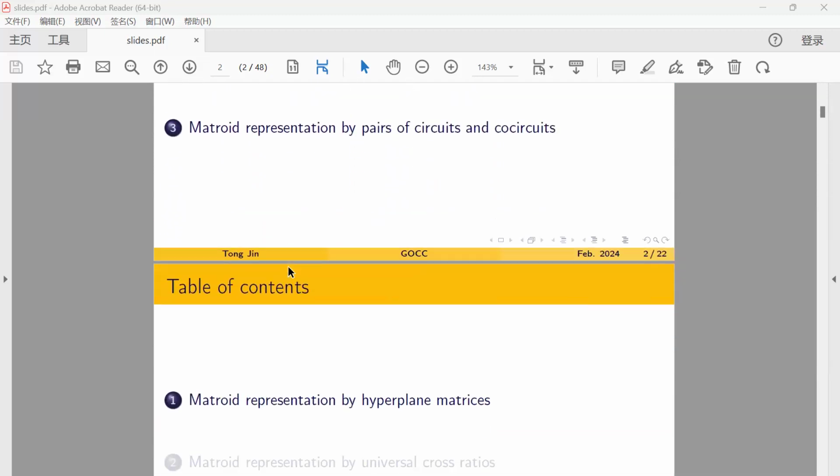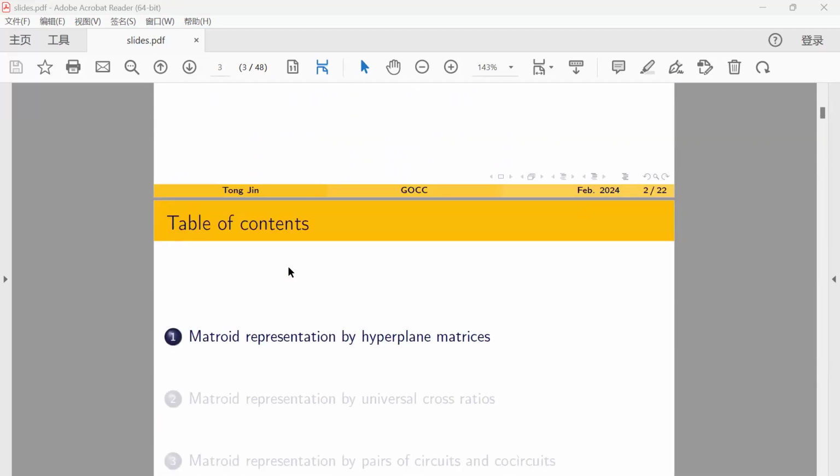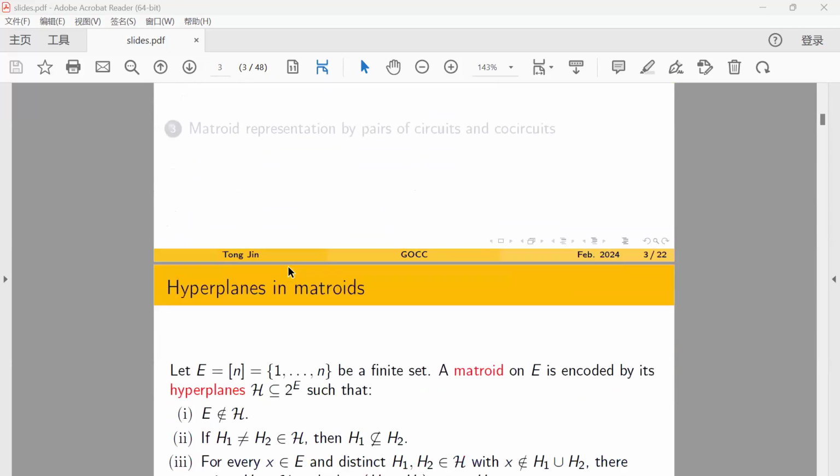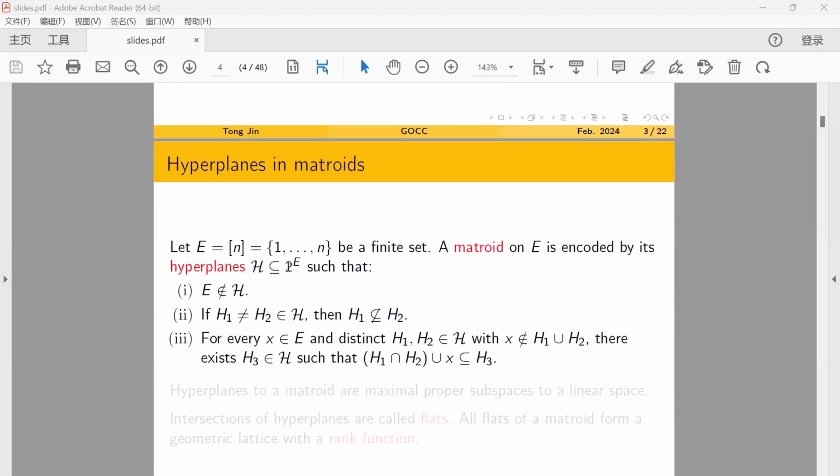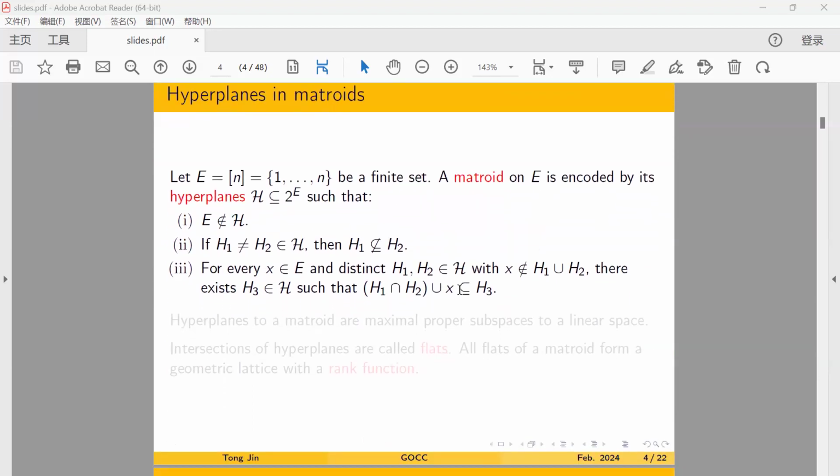Okay, so I would like to assume a little bit of background on matroids, but let me first review my preferred way of defining a matroid in this talk. If we have a finite set E, my ground set 1 through n, a matroid on the ground set E is encoded by a set of hyperplanes, the script H, that is a collection of subsets of the ground set E, with the following three axioms.